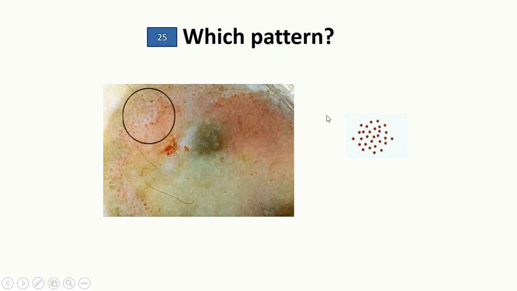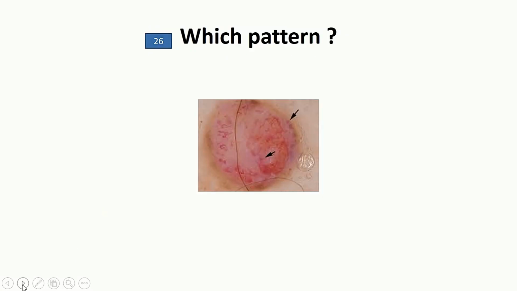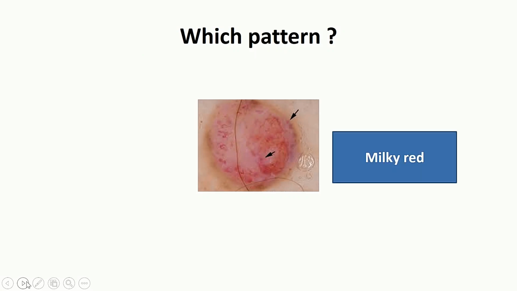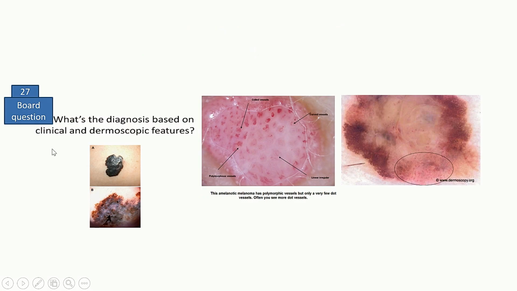As you see here, there is dotted pattern that is indicative of melanoma and Spitz nevus as said before. And here, the milky red pattern is also indicative of melanoma. Milky red pattern. It is also another board question. You see here the dotted nevus, the dotted pattern.